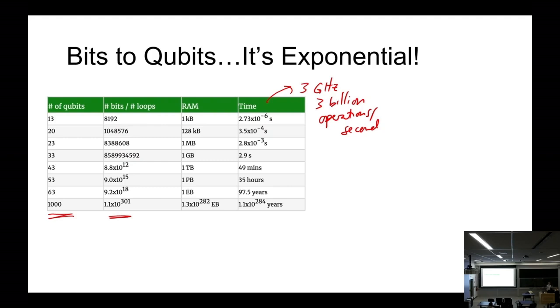It's a humongous number. And the amount of time that it would have taken a classical computer to do that calculation is 10 to the 284 years. So the age of our universe is like 13.5 billion years old. So this is much, much, much, much longer than that.